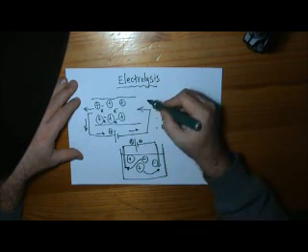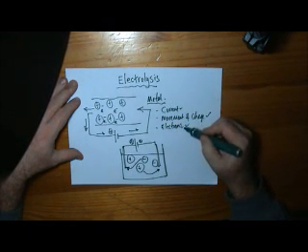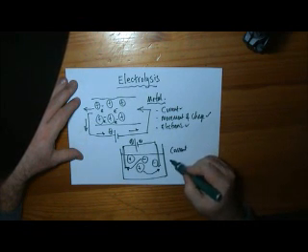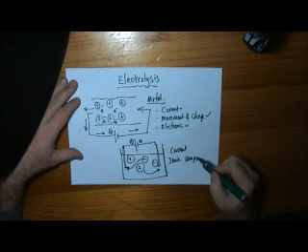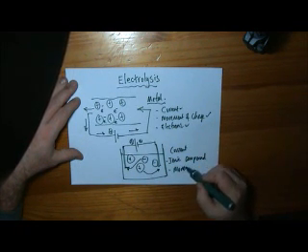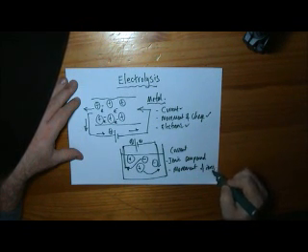So here we have a current in a metal, which is electron movement, and here we have a current in an ionic compound. And what causes the current in this case is movement of ions.